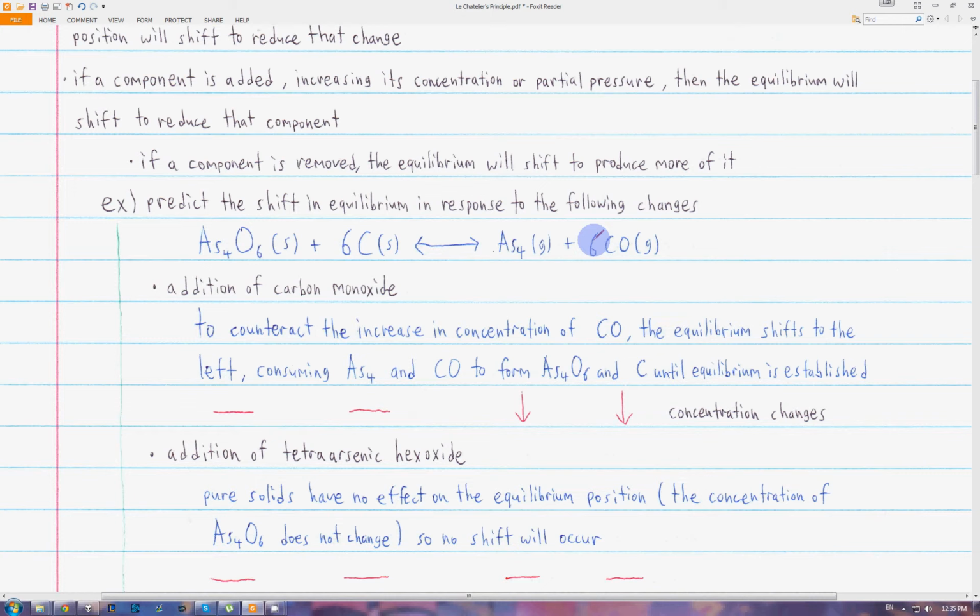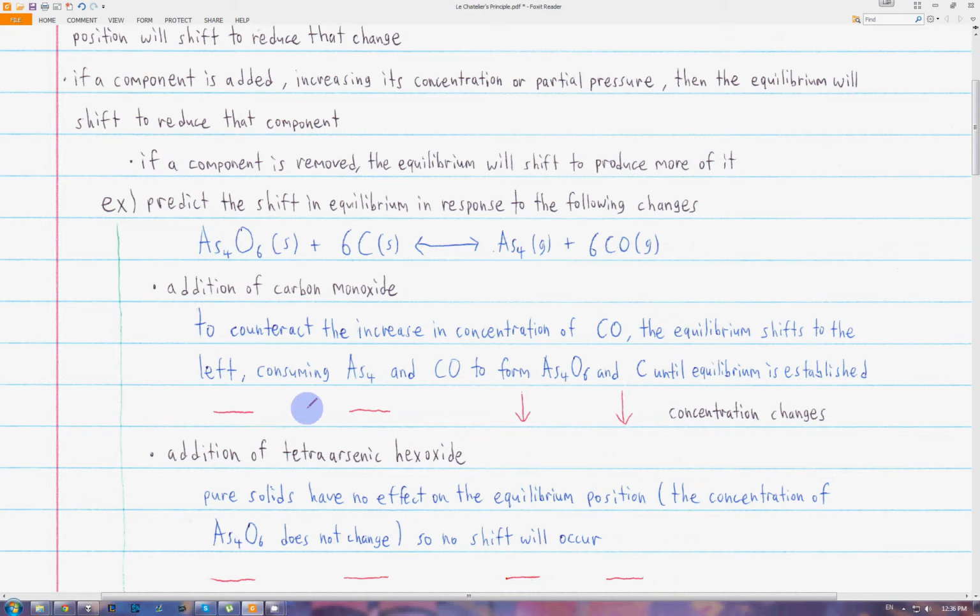So in order to re-establish equilibrium, the system will shift to the left so that the concentration of carbon monoxide is reduced, and so will the concentration of As4. So the system will consume carbon dioxide and arsenic to produce these reactants until the equilibrium is re-established.